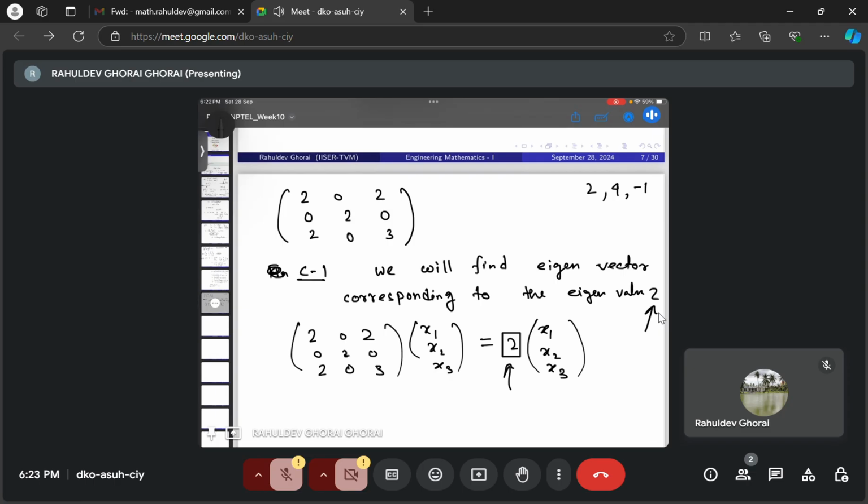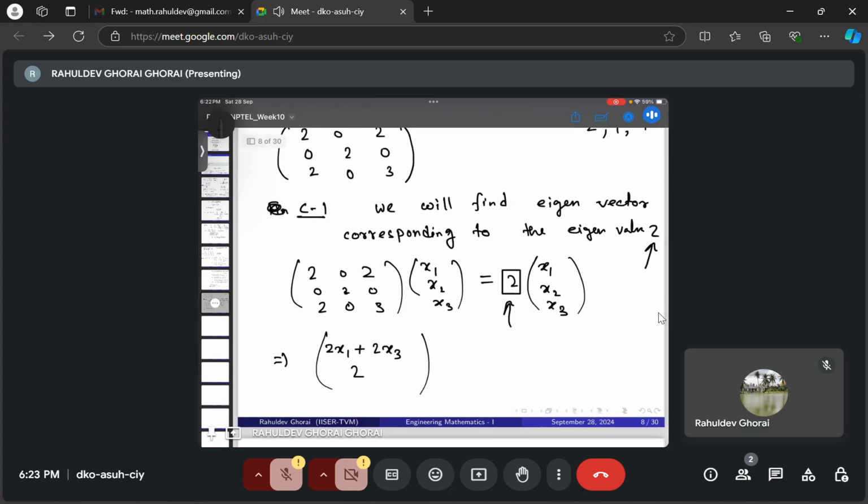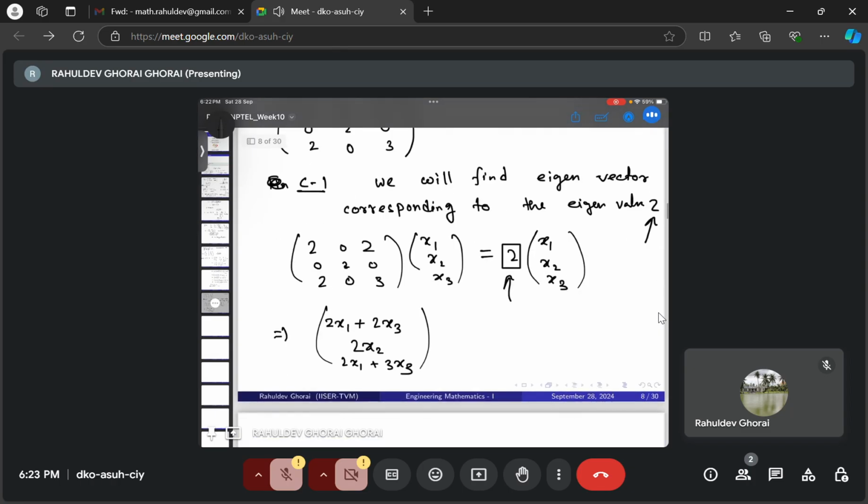Now you know how to solve it. The first row of the matrix multiplication is 2x1 plus 2x3, then 2x2, and 2x1 plus 3x3.